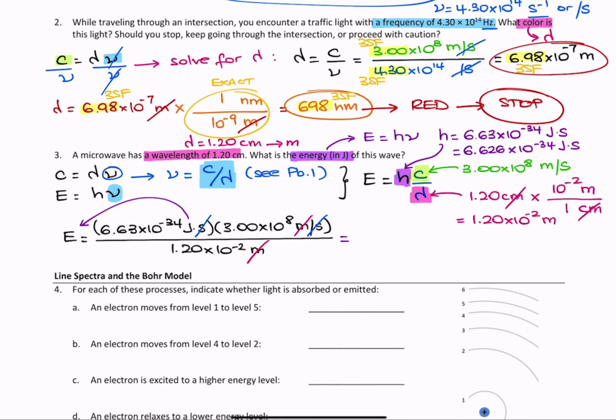Plug this in your calculator, and to 3 sig figs, you get the energy being 1.66 times 10 to the negative 23 joule. And this will be my final answer.